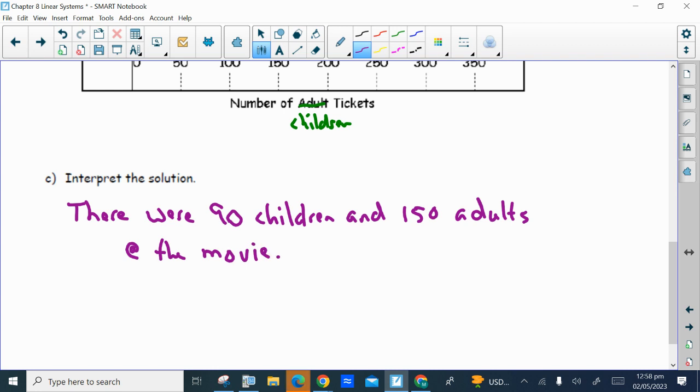Okay, that's what that tells us. So again, having that graphing calculator is quite useful in order to make sure that you get the correct point of intersection.